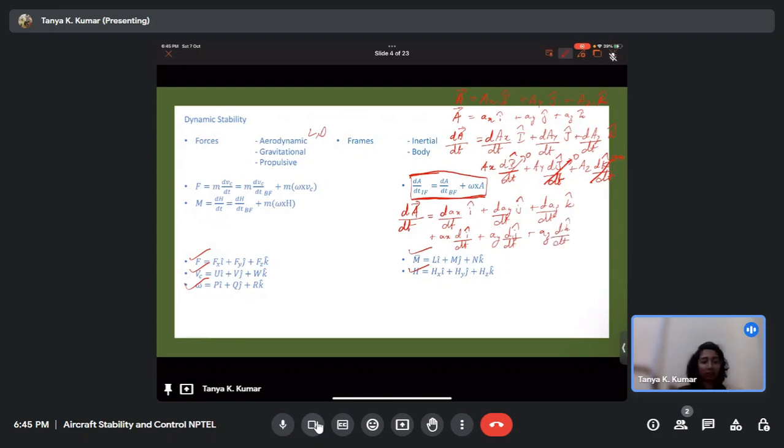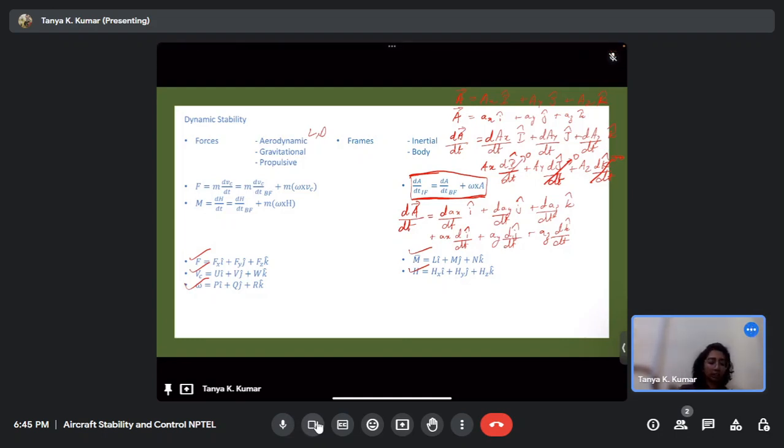Okay, now is this right? The second equation, the derivative of the same vector in the body frame, is this right? Do any of the terms go to 0 just like the inertial derivative case?